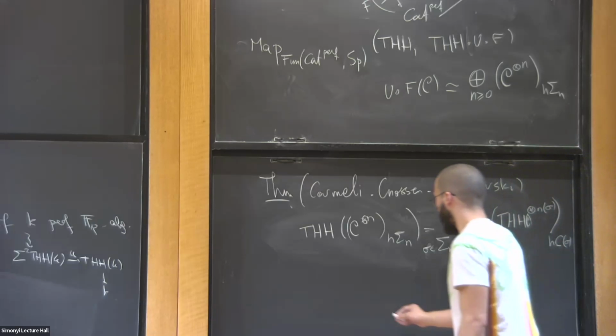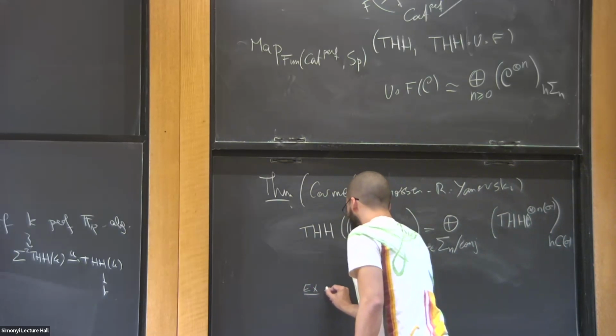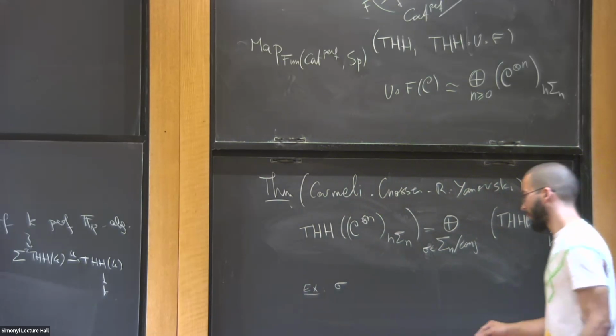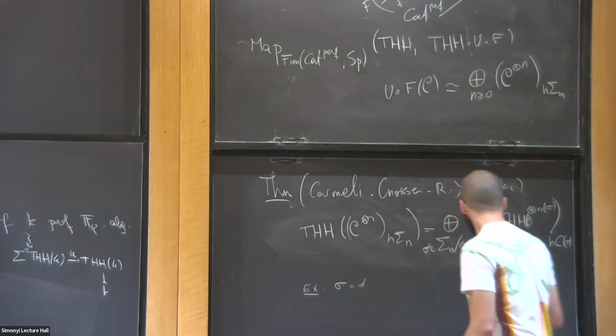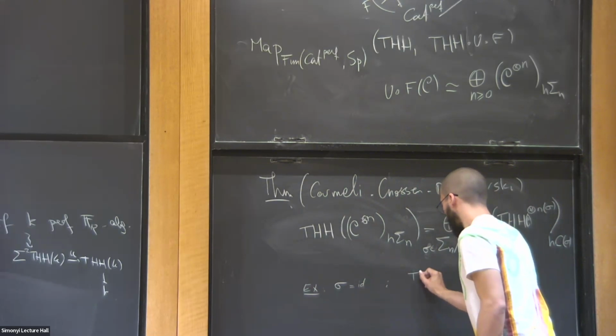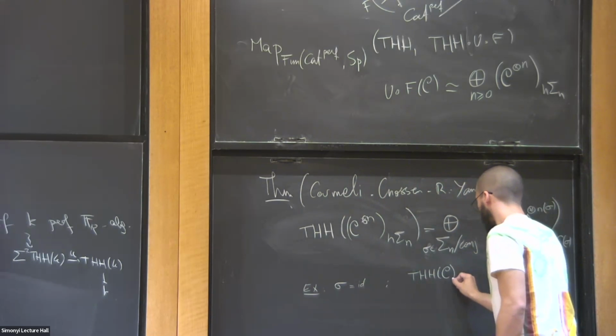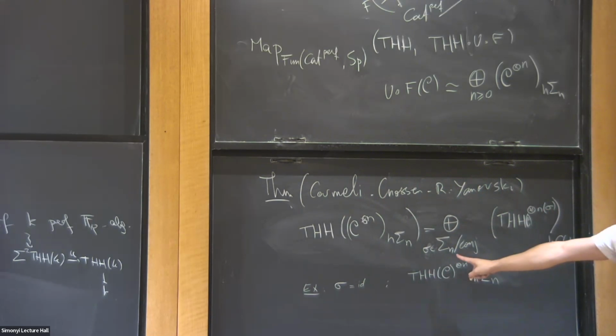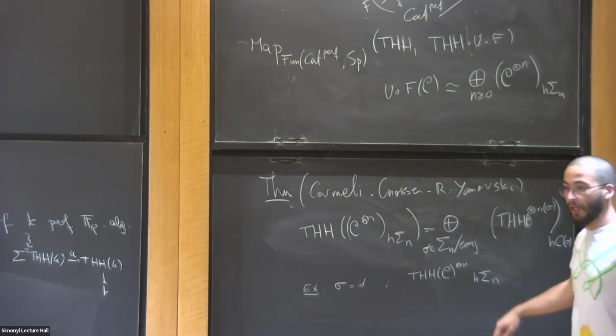Let me give you two extreme examples of this action so you can see what these look like. If sigma is a trivial permutation, there are n different cycles in sigma, and the centralizer is the whole of sigma n. And so this is just the usual thing that you'd expect: THH of C tensored n times, orbits. This is something like the free algebra on THH. I mean, it's one of the factors of the free algebra on THH.